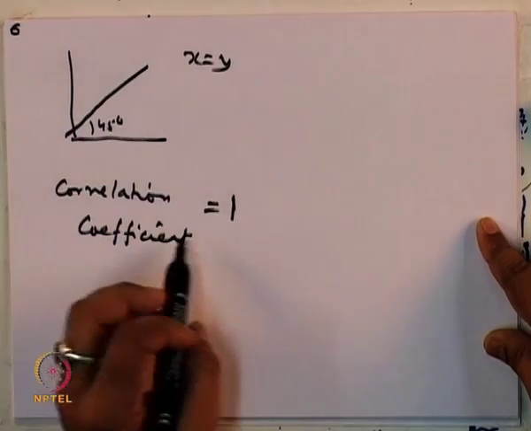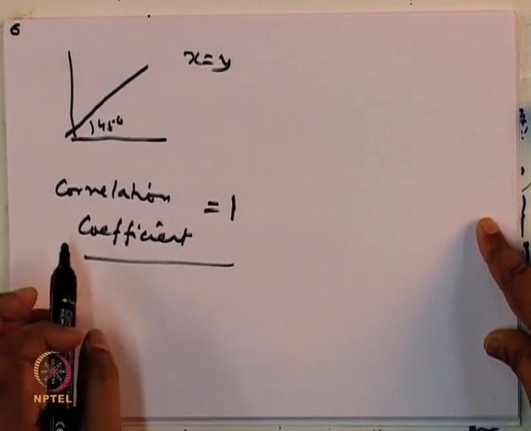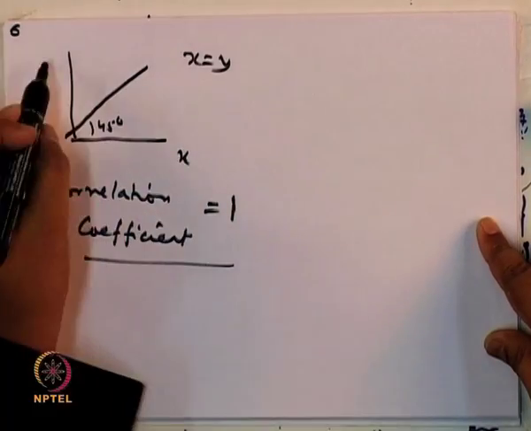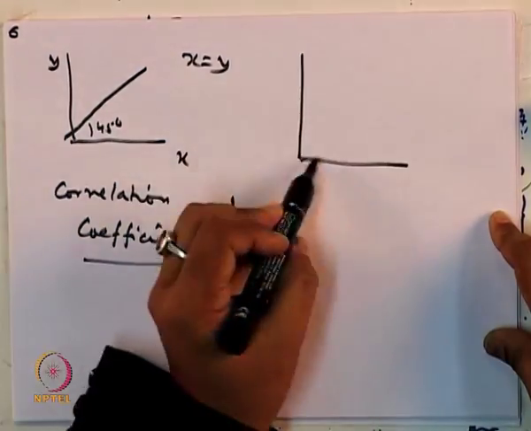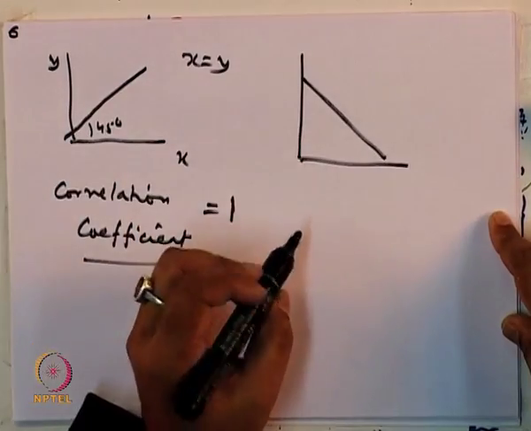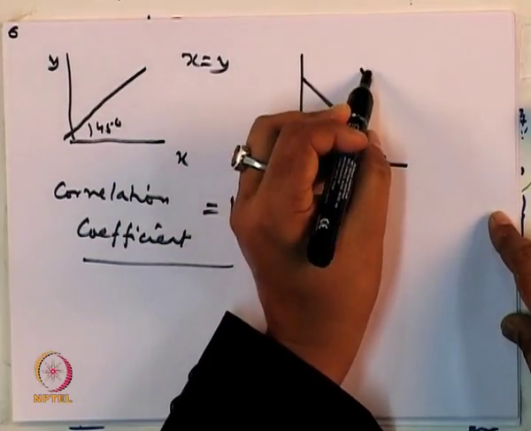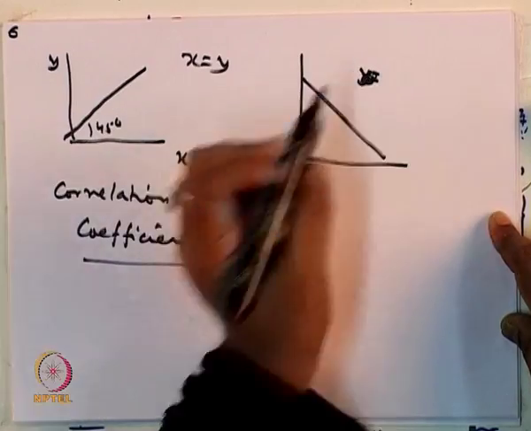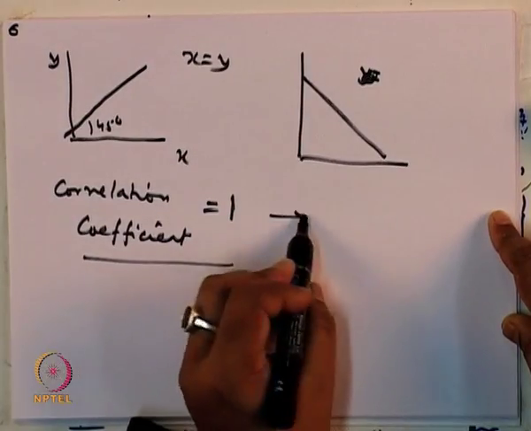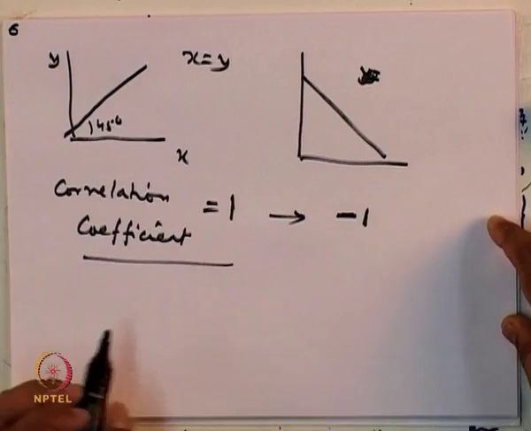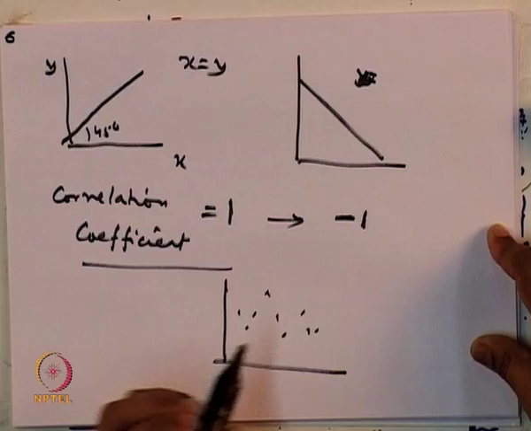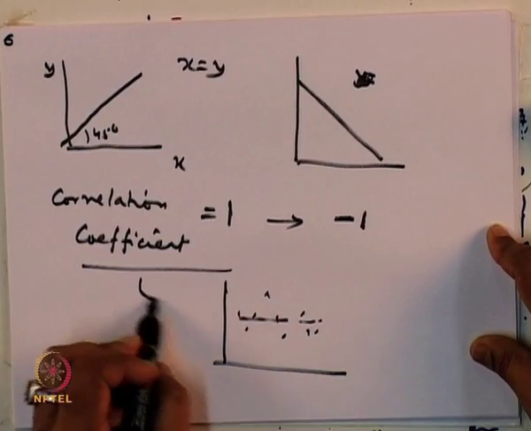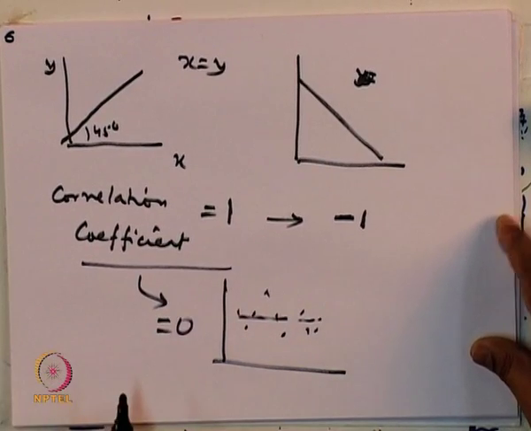In other words, they are fully correlated. Any increase in x will give you an equal increase in y. On the other hand, if you have a complete opposite slope, your correlation coefficient is going to be close to -1, versus when there is no correlation, when you have data like this, your correlation coefficient will give a value of 0.